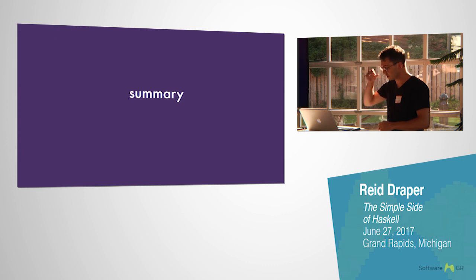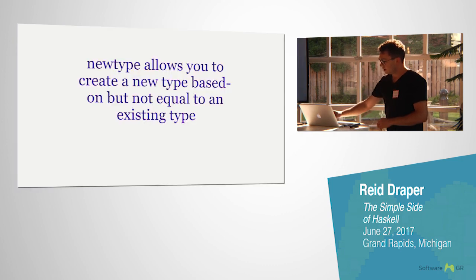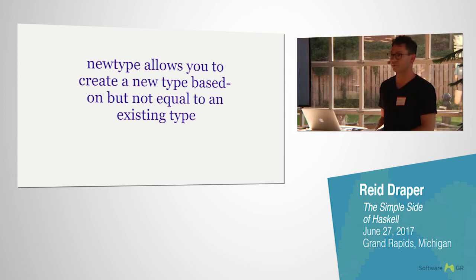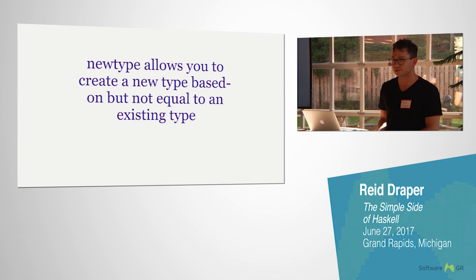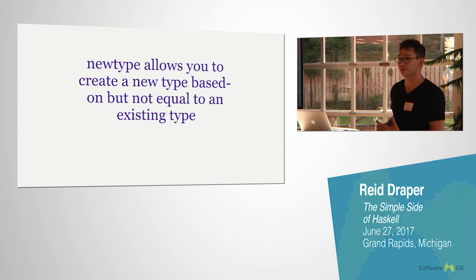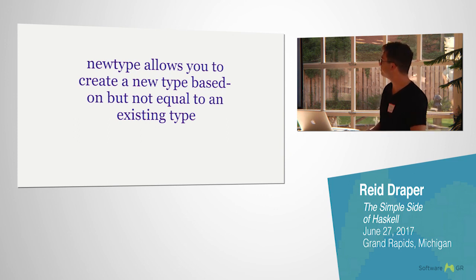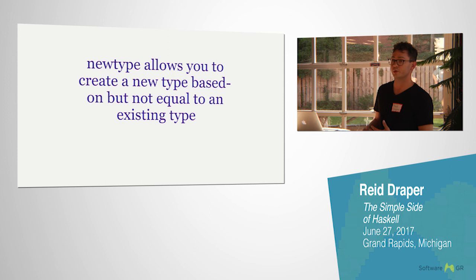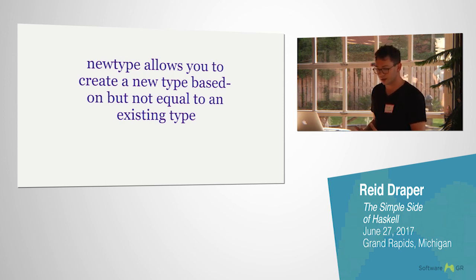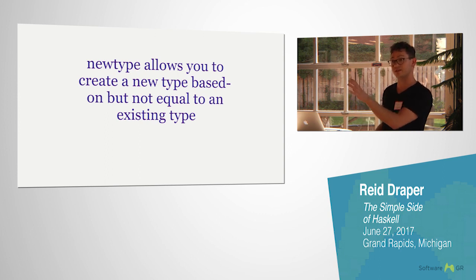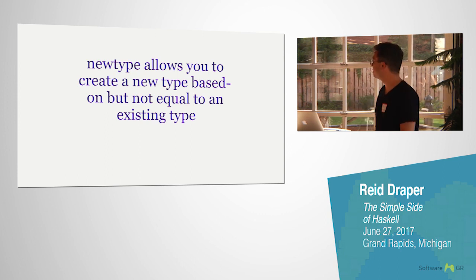Okay, so the summary. Newtypes allow us to create new types based on but not equal to existing types. We get to have as much or as little of the functionality from the existing type as we want, which is cool because it means we don't have to write a bunch of boilerplate code. It's also cool because if for some reason we don't want to take all of the functionality, we can just take it piecemeal and actually leave out functionality, if that makes sense.